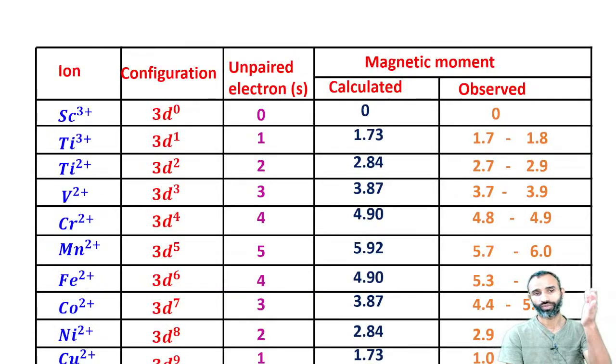So in this way, unpaired electron के base पे you can calculate magnetic moment. So see, magnetic moment calculated is different from observed. What is the reason? But they are very close to each other. But why is there a variation in the observed magnetic moment?